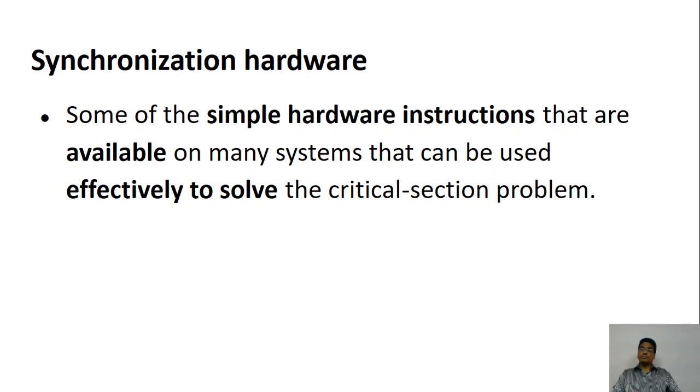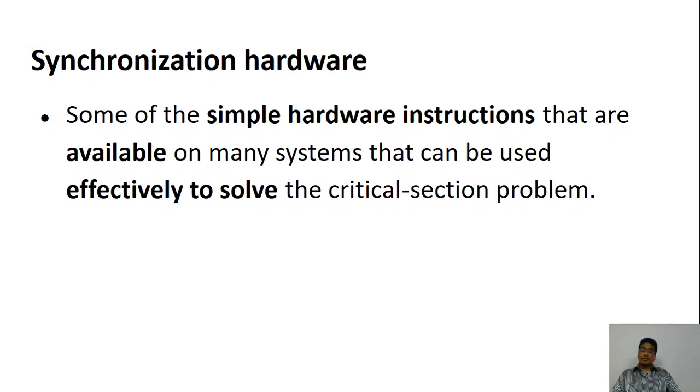We have seen in previous classes that it is possible to have mutual exclusion and to solve the critical section problem. We have seen three different algorithms. These algorithms are complicated not only to understand but even to code.